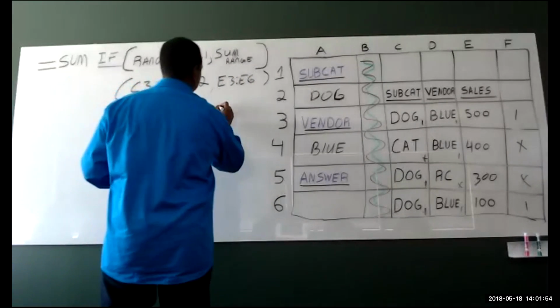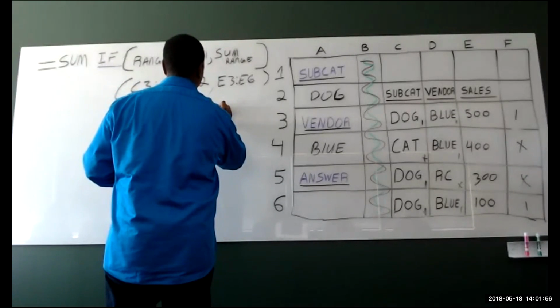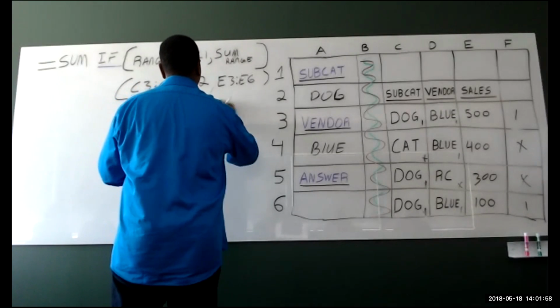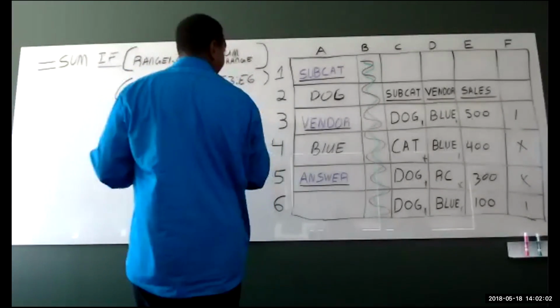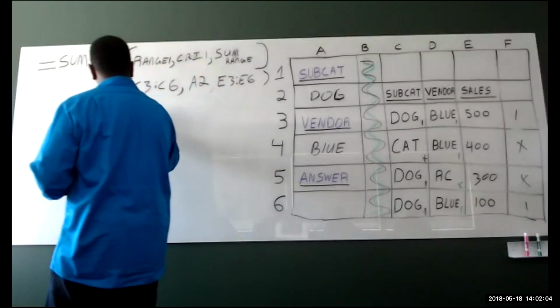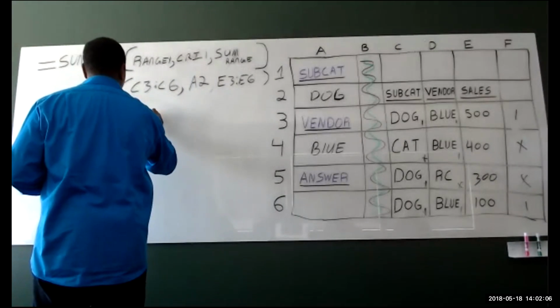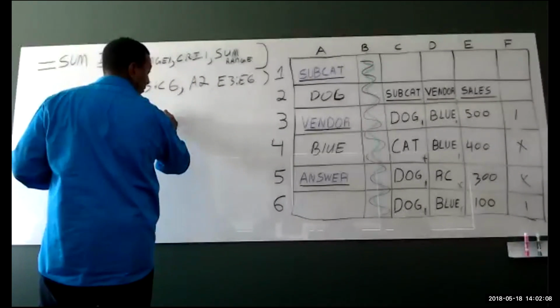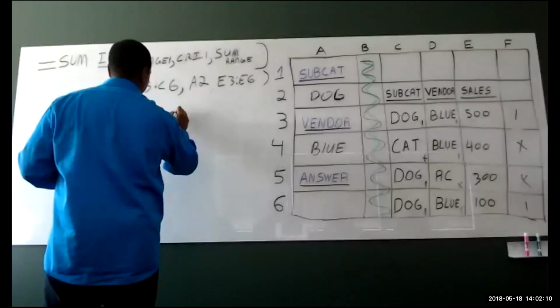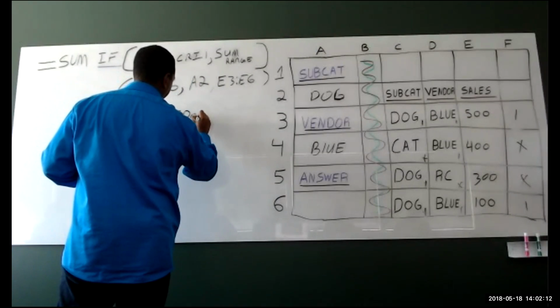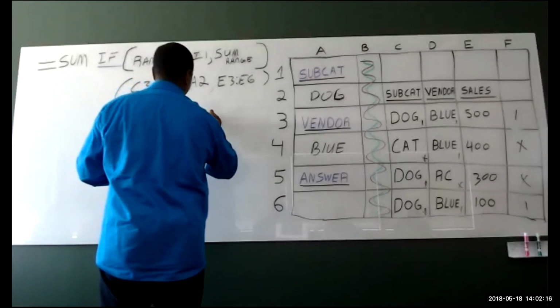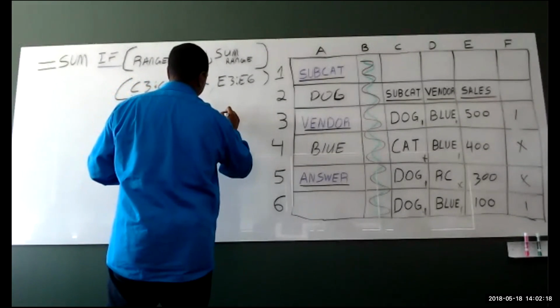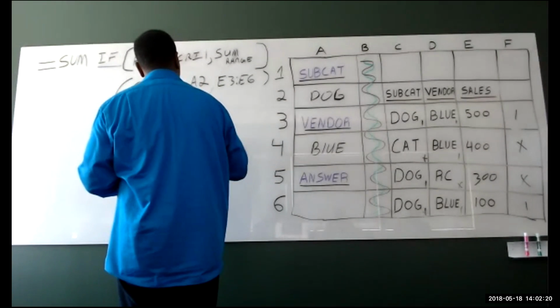Now, while I have some time, I'm going to show how Excel reads this. It sees dog, cat, dog, dog, comma, right?